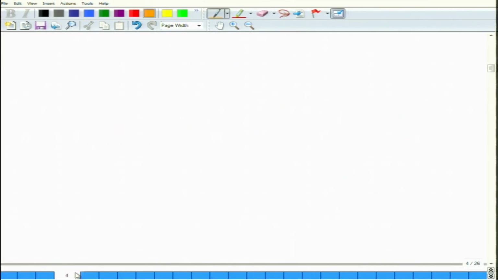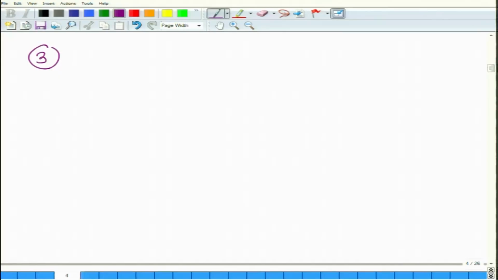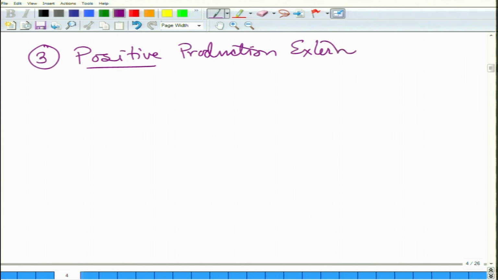When we move towards the positive production externality and positive consumption externality, first let us take the positive production externality. So in positive externality, it causes benefit, right? Positive production externality means the benefit is being caused out of production of something. Externality means the benefit for somebody else.